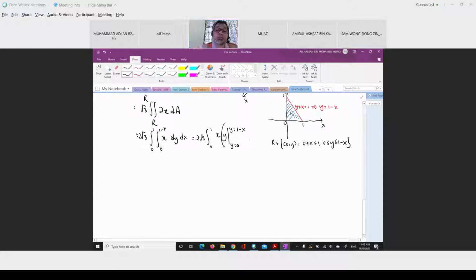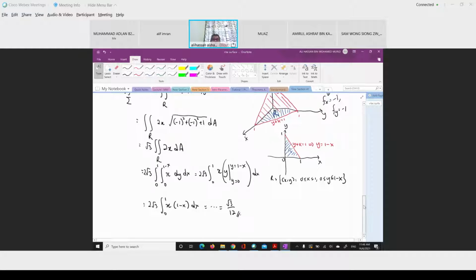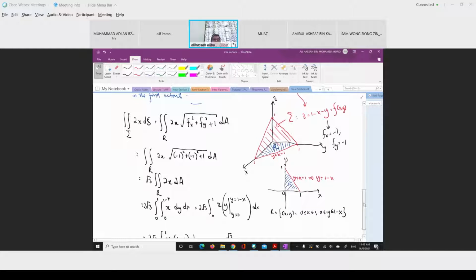Replace y by 1 minus x, so we get x times 1 minus x dx. I leave it to you to show that this is equal to square root 3 over 12. So this is another example. Here we don't need polar coordinates. We can work entirely using the Cartesian coordinates.